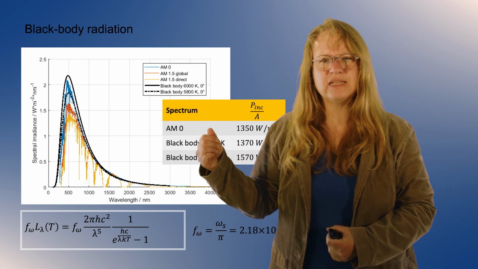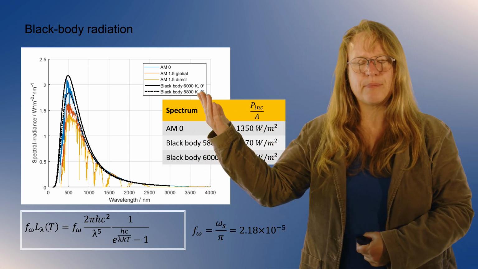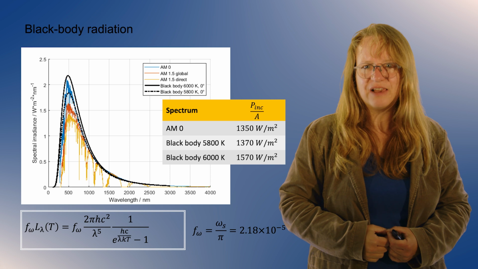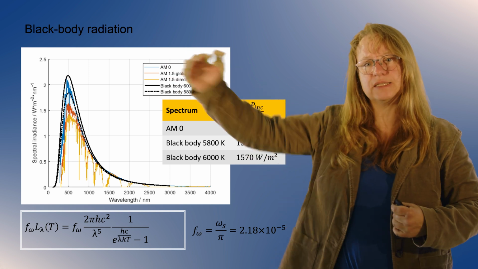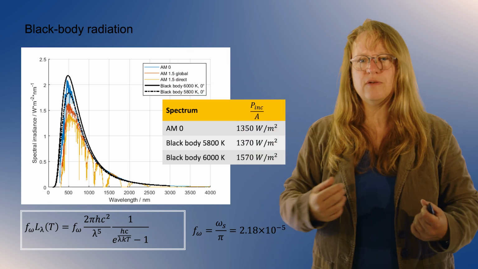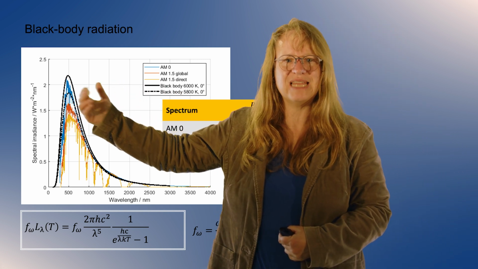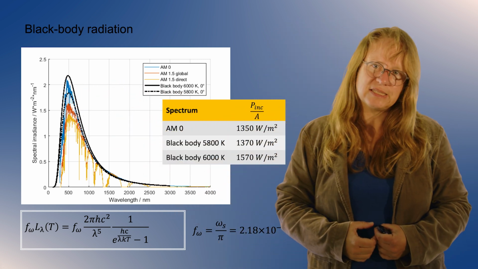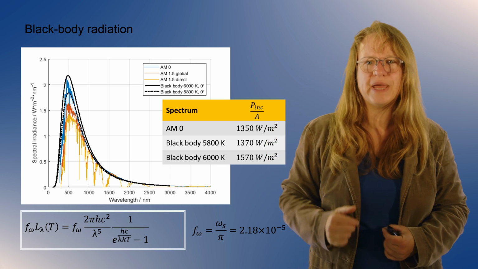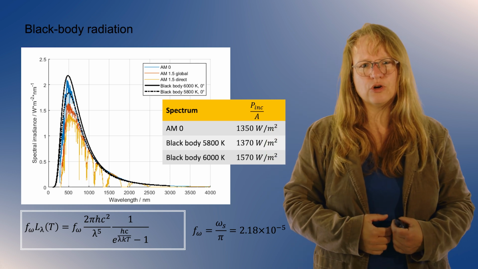For comparison, I also plotted a black body at 5800 Kelvin that has the same size and distance to the Earth as the Sun. Then we would expect to have at air mass 0 the dashed line here. You can see the dashed line agrees somewhat better with the AM0 line.